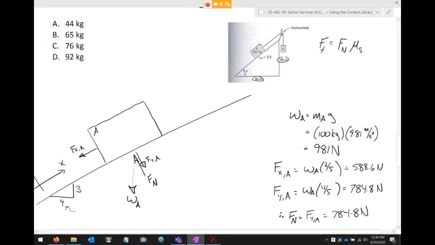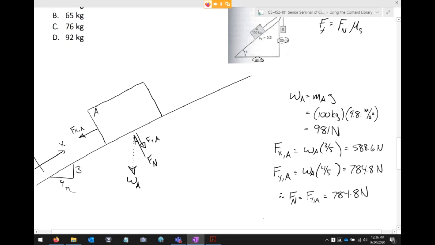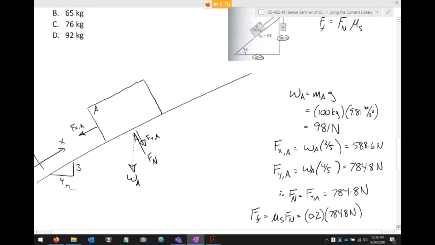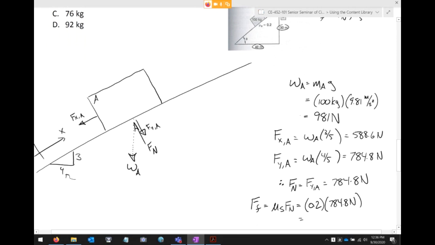Now, we can go ahead and compute our frictional force. So that's mu sub s Fn, or 0.2 times 784.8. Which is, what is that? 156.96.